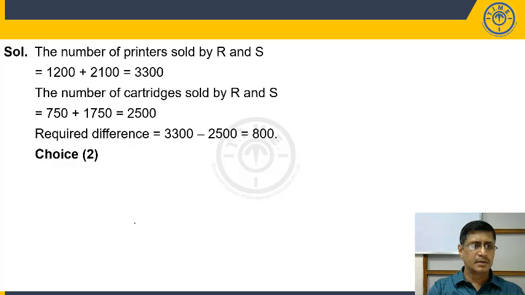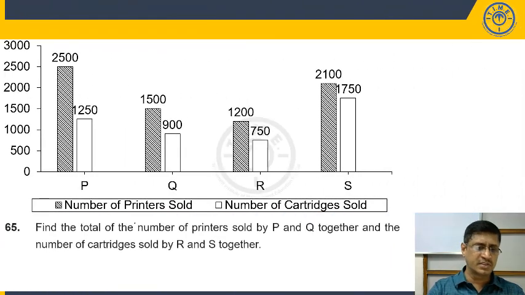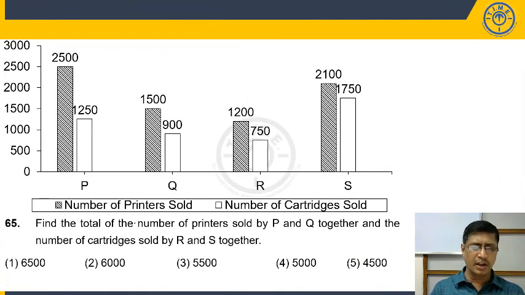Now look at the next example on your screen. Find the total number of printers sold by P and Q together and the number of cartridges sold by R and S together. P and Q, how many printers sold here? P 2500, Q it is 1500. So what is the result? 4000.